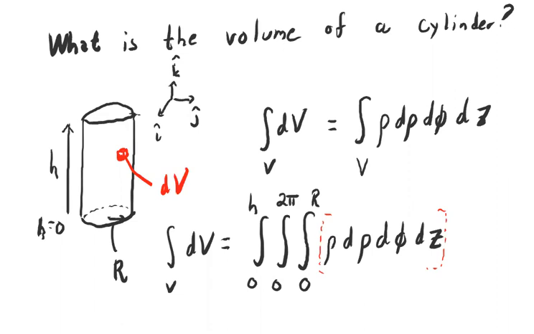You just break this down into 3 separate integrals, and you'll find, lo and behold, you'll get the answer of pi r squared h, which is in fact the volume of a cylinder. The volume of a cylinder is simply the area of one end multiplied by the height of the cylinder. The cylinder has a radius of r. So this expression is good. This expression is correct.